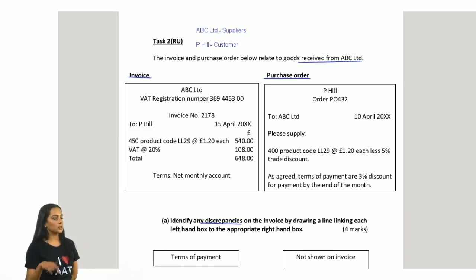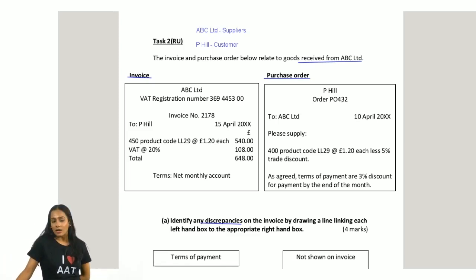So in the purchase order, we have requested a 3% cash settlement discount, or an early settlement discount, also known as a prompt payment discount. So the question here is asking us whether any discrepancies can be found on the invoice, and we need to link the discrepancy or the item to its correct description.